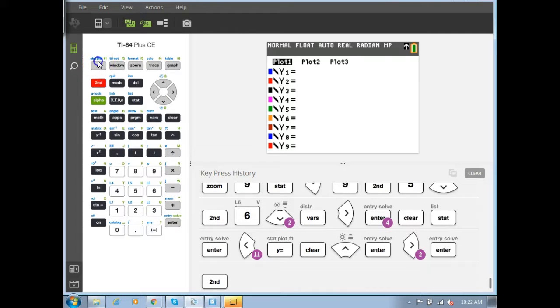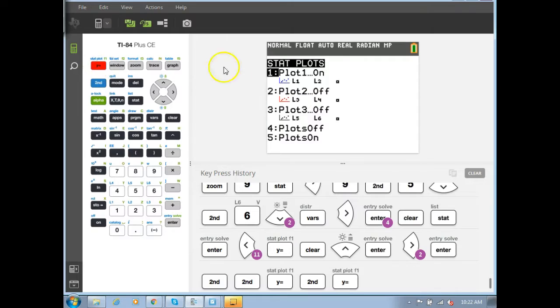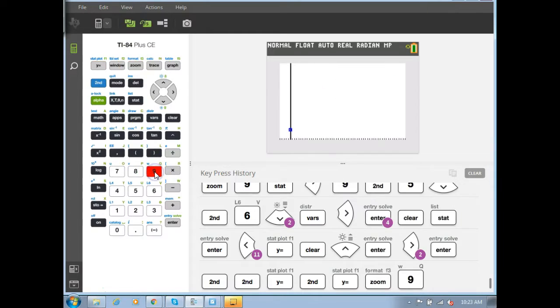For instance, I already know, because I set it up during first hour, that my first plot, if I go to stat plot, is graphing list 1 and list 2 as a scatter plot. But you might have to adjust the way your plot is plotting. Once you have that adjusted and turned on, you can just hit zoom 9, zoom stat, and you should see a scatter plot.